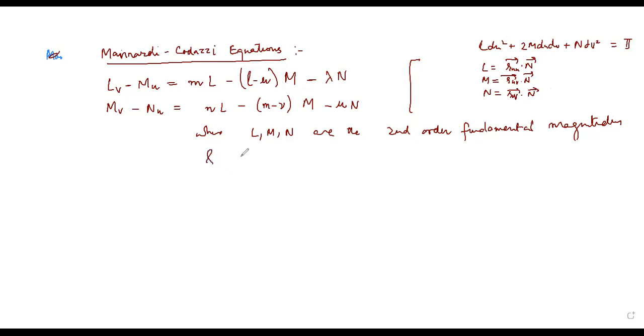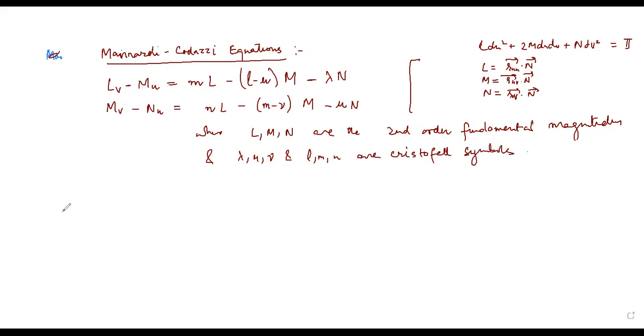And ये जो lambda, mu, nu और l, m, n हैं, they are Christoffel symbols that appear in our Gauss equations.